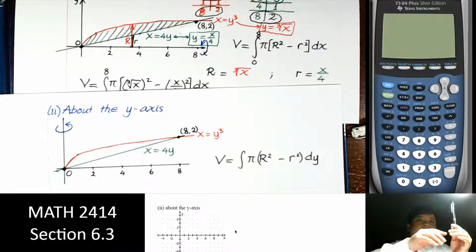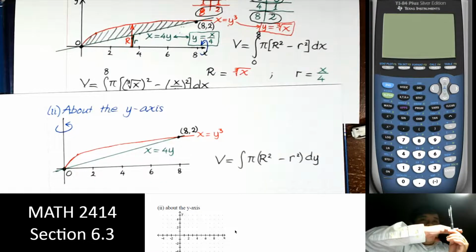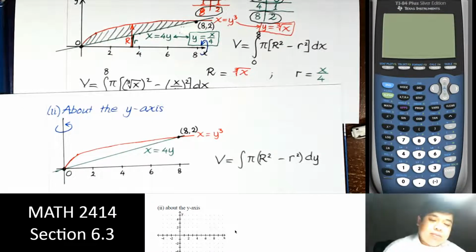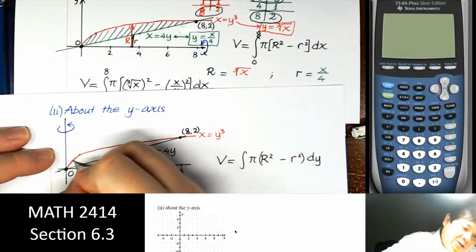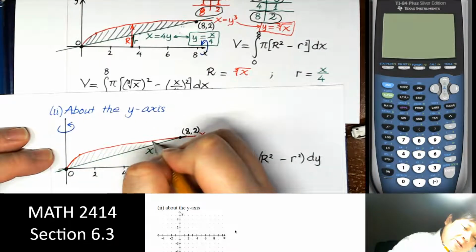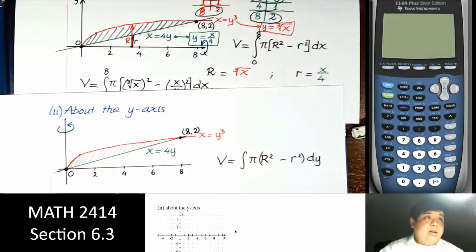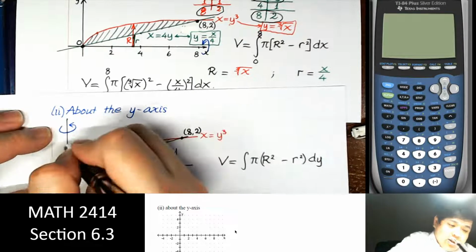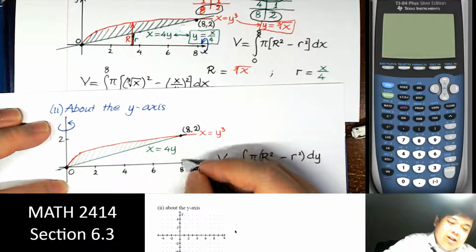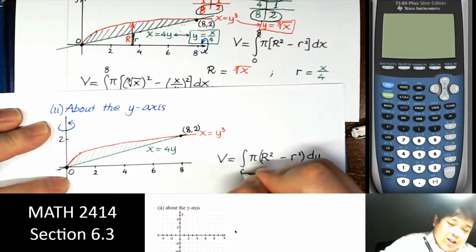The vertical axis, if we're going to chop it, slide along the axis, each increment is going to be dy, right? And for this region, the y values go from 0 to 2, right? So the limit for y is 0 to 2.